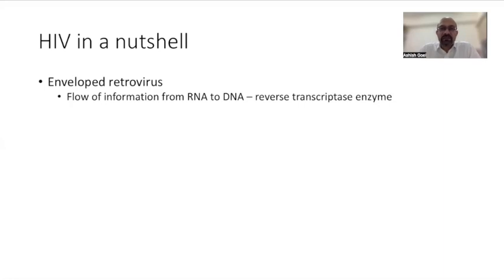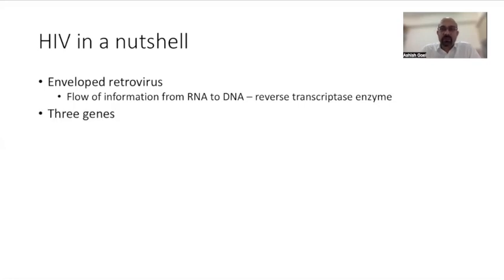And this was made possible by the presence of a special enzyme called the reverse transcriptase enzyme in the HIV virus. So it is important to remember these facts, that there is this special enzyme, the reverse transcriptase enzyme, and the flow of information is from RNA to DNA.